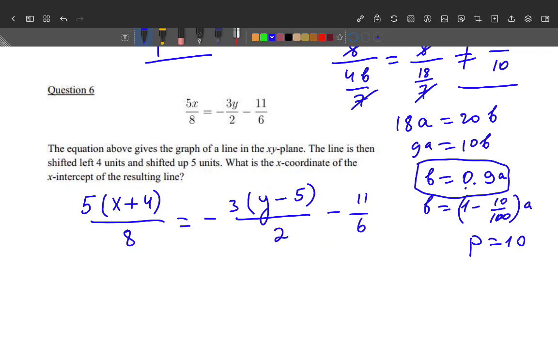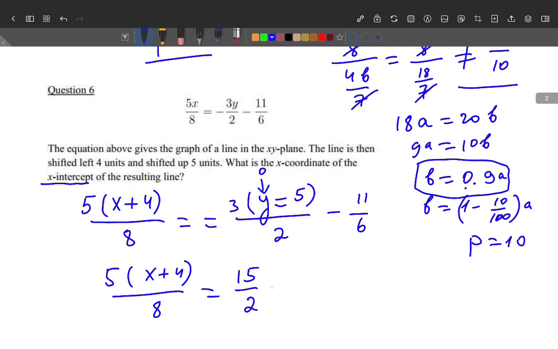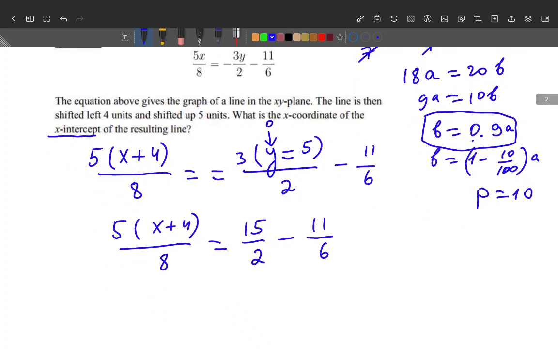And they are asking from us the x-intercept. X-intercept means when y is 0. I put here 0. It means 5 times (x plus 4) divided by 8 gives us this negative, and this negative gives positive. 15 divided by 2 negative 11 divided by 6.